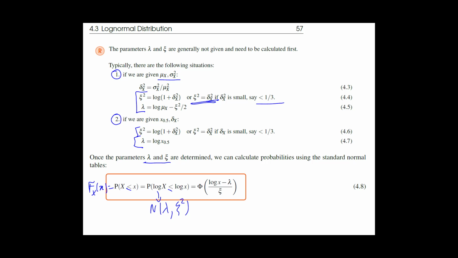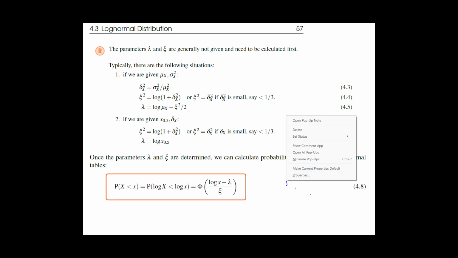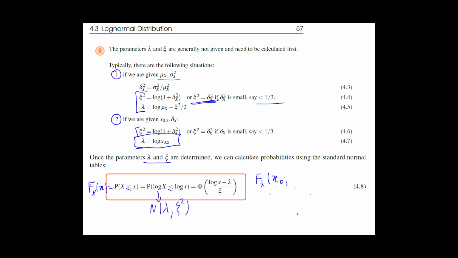So that's pretty much it, my friends. Now, from here we can show this equation actually, because let's compute the CDF for the median. So if I go F of x of the median, oops, I don't know what I did. Sorry about that.